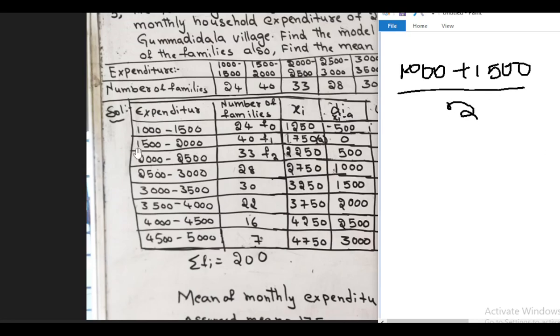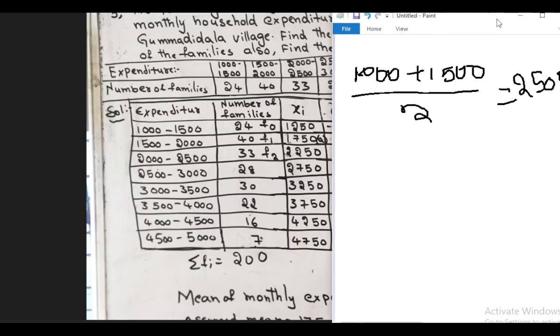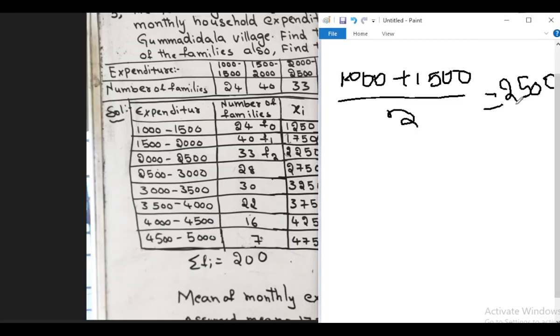So if you take the average of the class lower boundary and upper boundary, then 2500 divided by 2 gives the class mid value. So 2 1s are 2, 2 2s are 4, 2 5s are 10, 0.